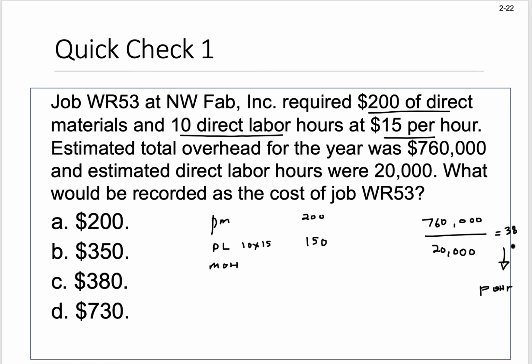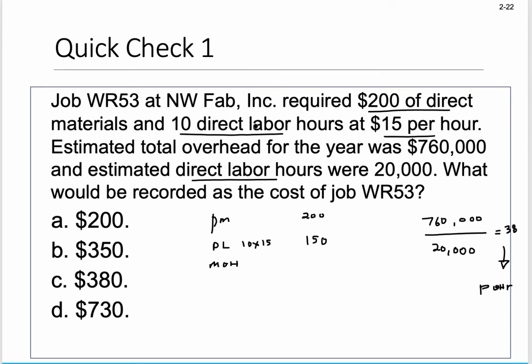Okay? So, since we have our predetermined overhead rate, we know that our cost driver is direct labor hours. We know the exact number of direct labor hours that this job incurred, 10. We can then calculate what our manufacturing overhead is.